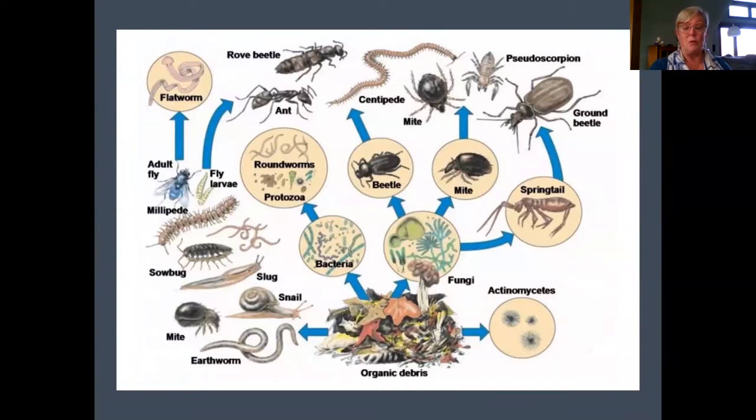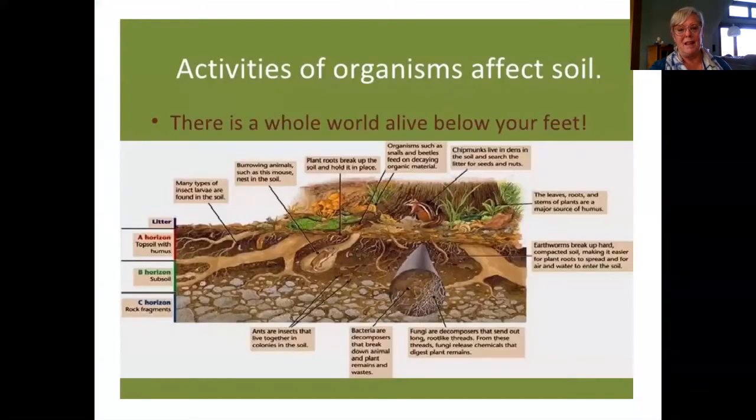These organisms are what feed the other critters we enjoy seeing in our gardens, the birds, the amphibians, and lizards, etc. So the activities of the organisms in the soil, like I said, really affect what we see above the soil.